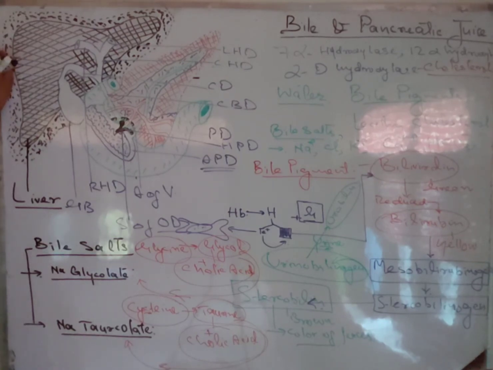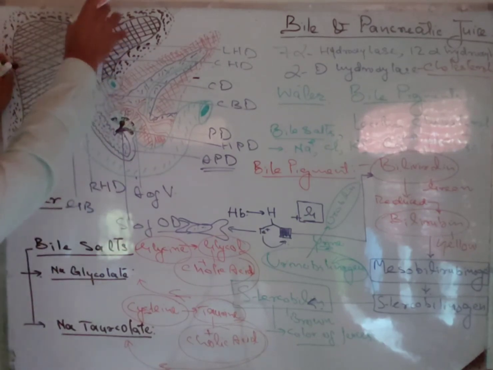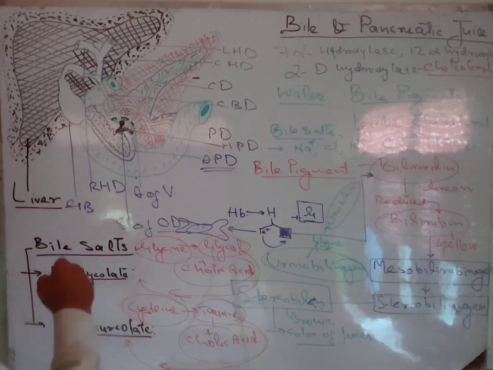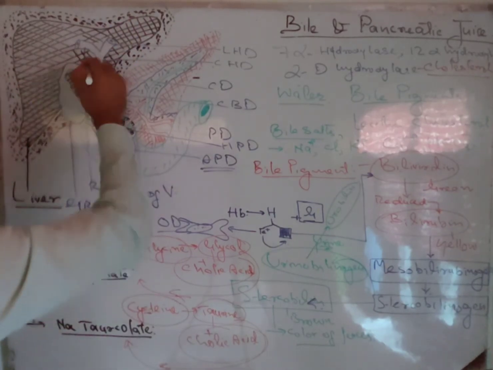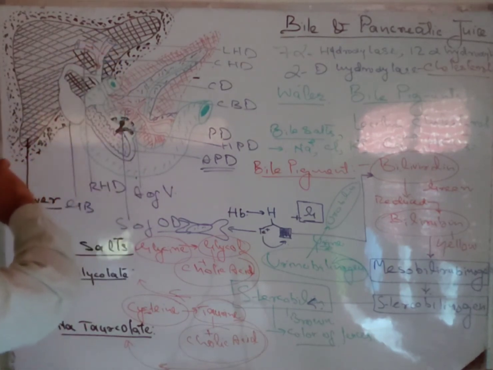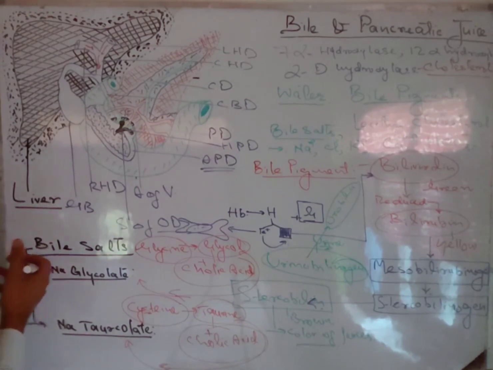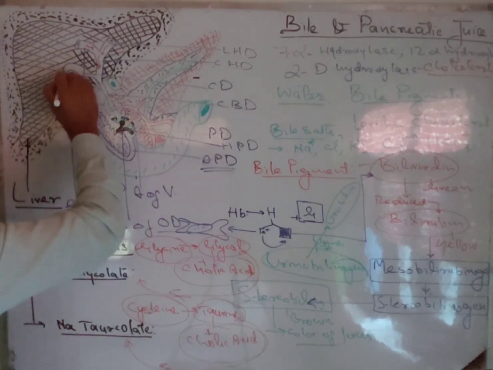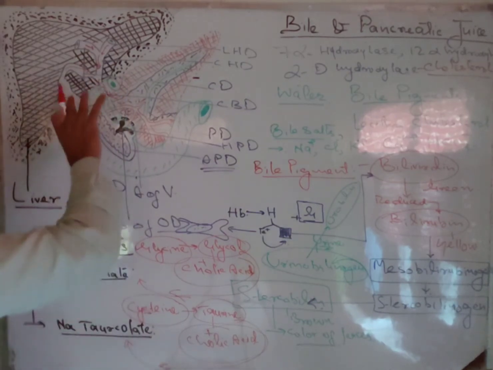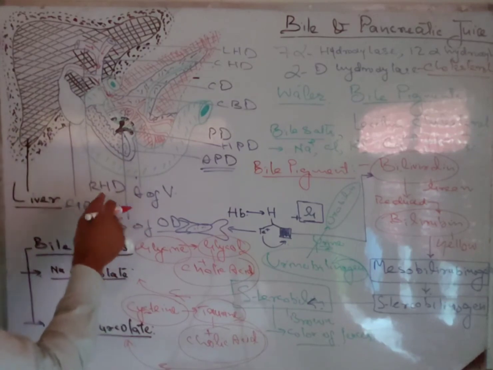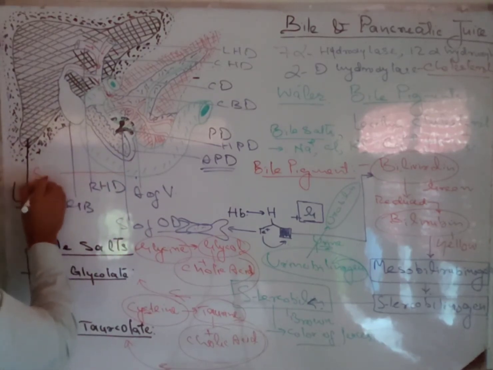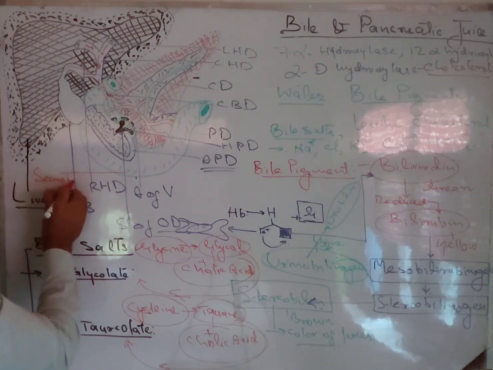When the bile is synthesized, when we have an empty stomach or when we are not eating, when we are asleep, then this bile gets transported in these canals. When we are awake and indulged in the process of digestion, then this pathway is stimulated, and the stimulation of the liver for the synthesis of the bile takes place under the influence of a mucosal secretion, which we discussed in our previous lecture, that was secretin.